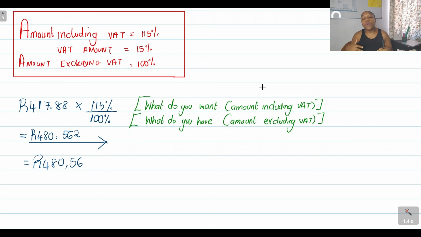What are we trying to find? We are trying to find the amount excluding VAT. So, amount including VAT, you multiply by 115%, divided by what you have. You've got an amount that excludes your VAT, okay? And then you will get your final answer.